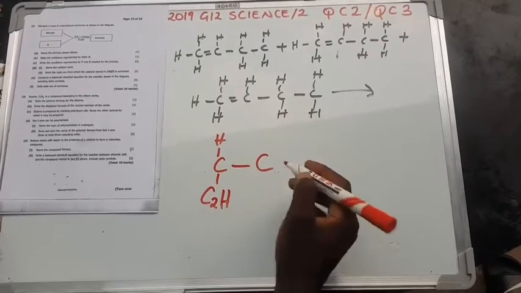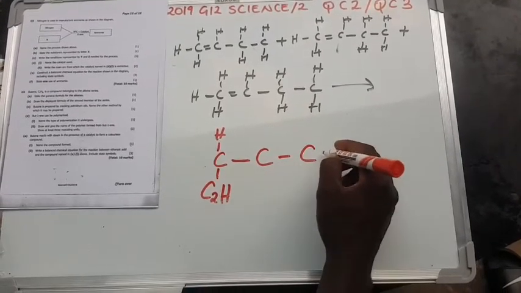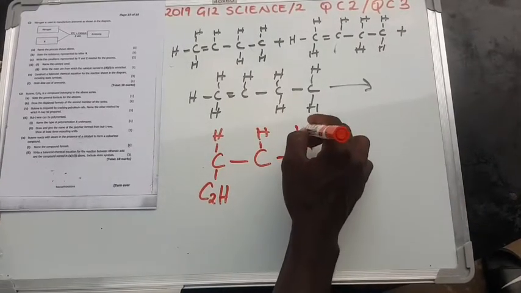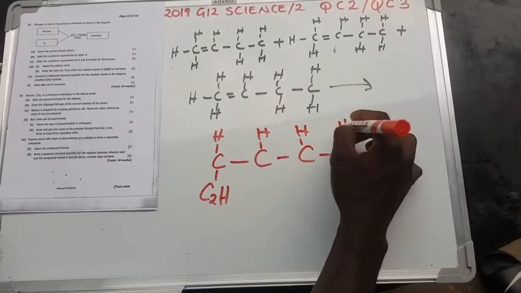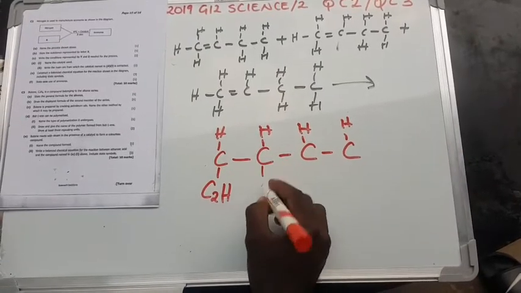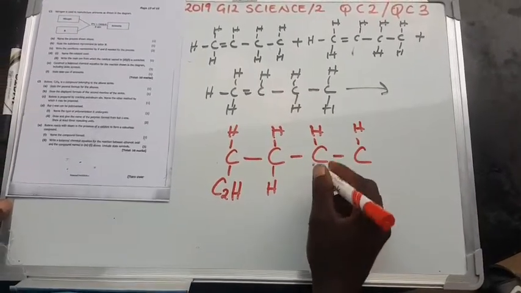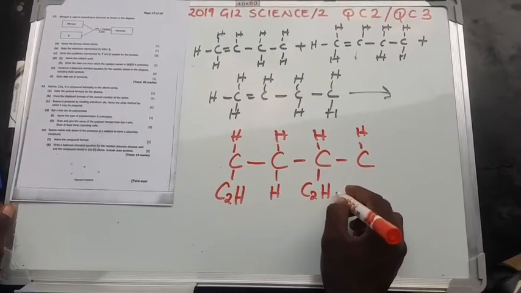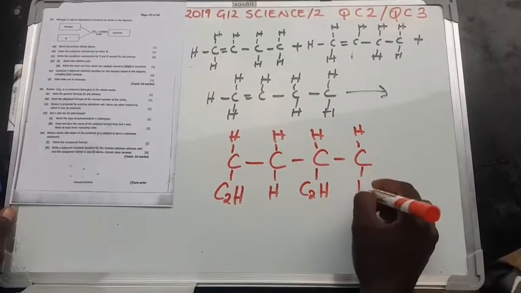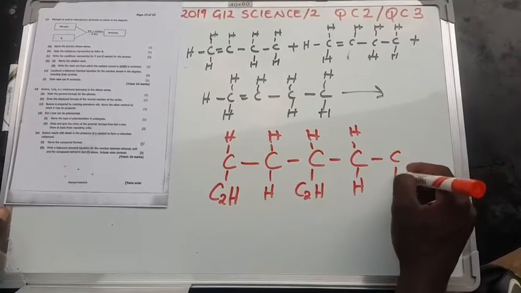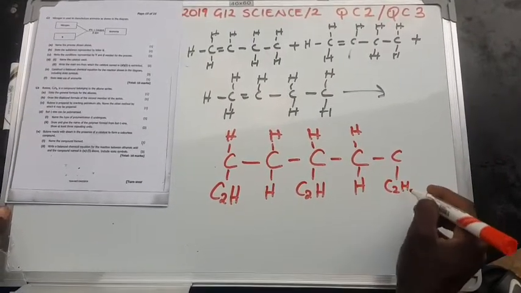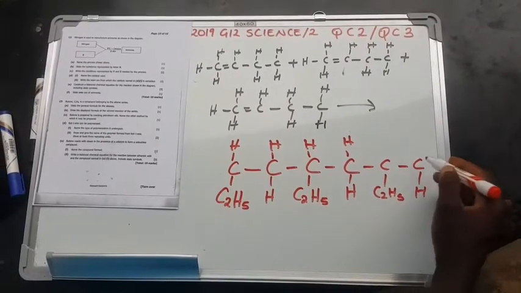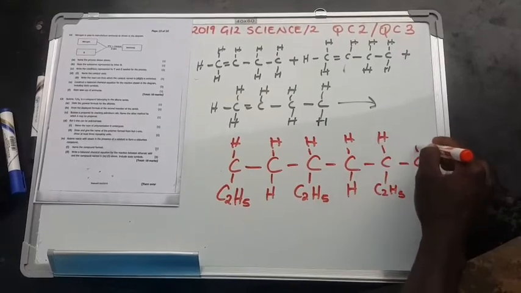Then another carbon atom, another one. You can draw it slowly, making sure that you know what you are doing. Right, so we have another one there. Then you branch it like that.